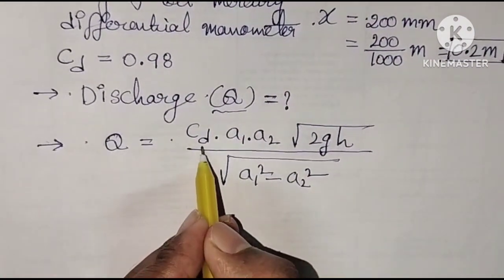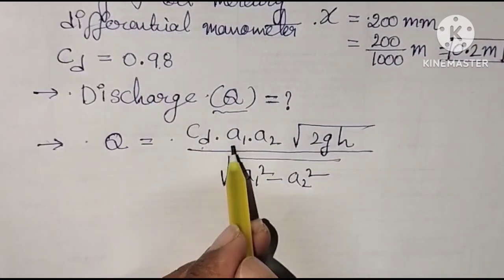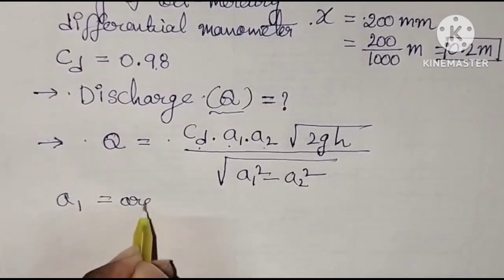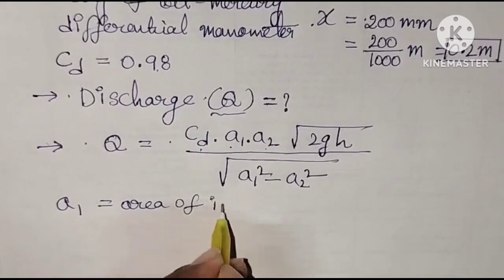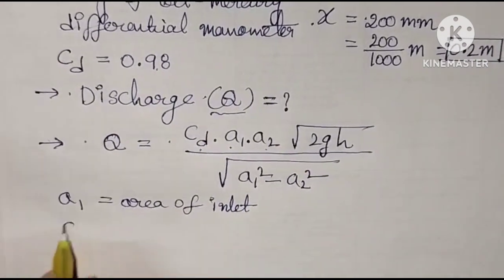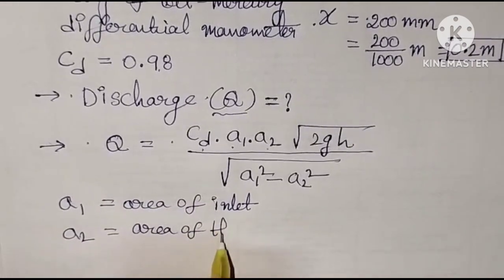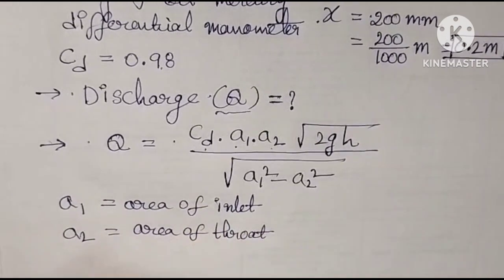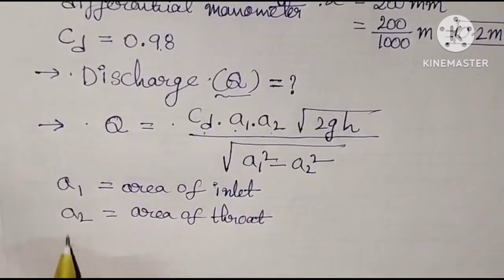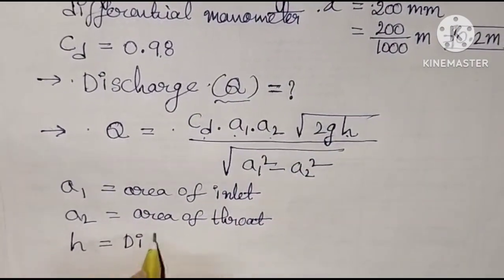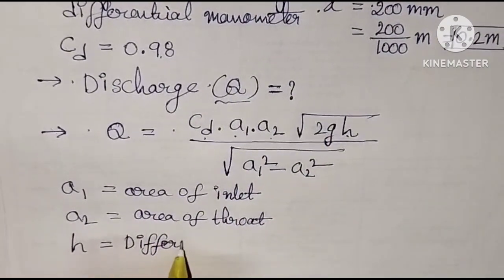Here CD means coefficient of discharge, 0.98. A1 means area of inlet. A2 means area of throat. What about H? In this formula, H means differential head or pressure head.